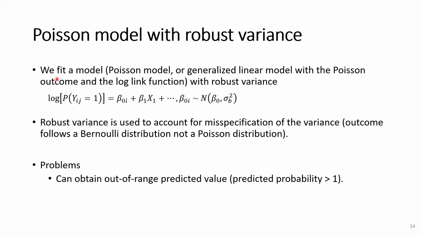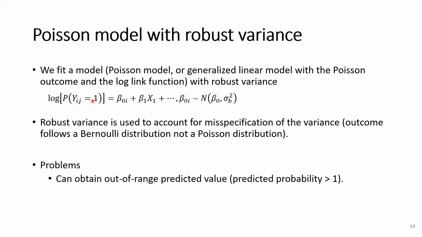Well, actually, that is something I was going to talk about. No problem at all. So we are using a Poisson model. Although our outcome is 0 or 1, we are fitting a model which allows not only 0 and 1, but also others, meaning 2, 3, 4, 5, and so on.